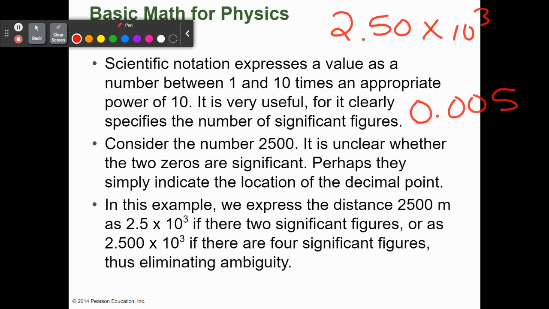Yes, ma'am. Any zeros after the decimal but before the numbers. Hang on. Those are significant. Let me think on that. Yeah, those are not significant. It's the ones after that that may be.